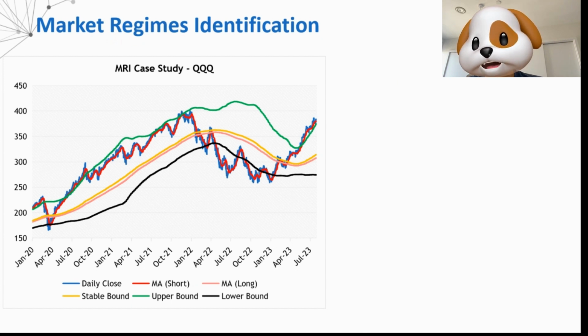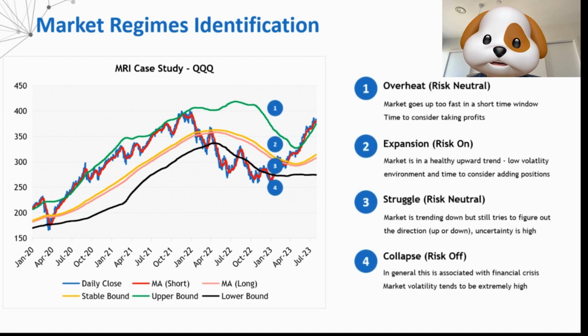And another black line below it, we name it the lower bound, and it sits 1 standard deviation below the long-term moving average. Once we have these three lines, we automatically cut the market into 4 areas, which from top to bottom correspond to the overheat, expansion, struggle, and collapse market regimes.